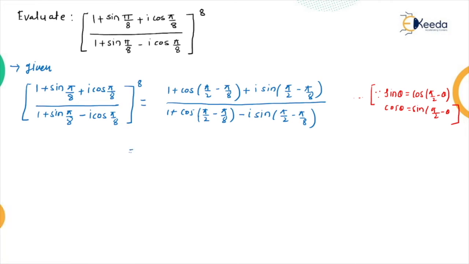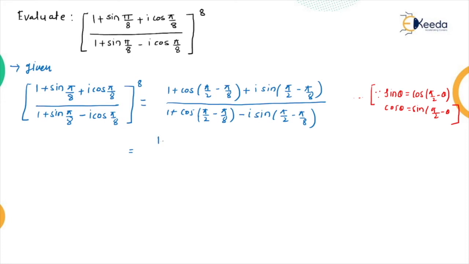So we have 1 plus cos of (π/2 − π/8), and I am simplifying this.